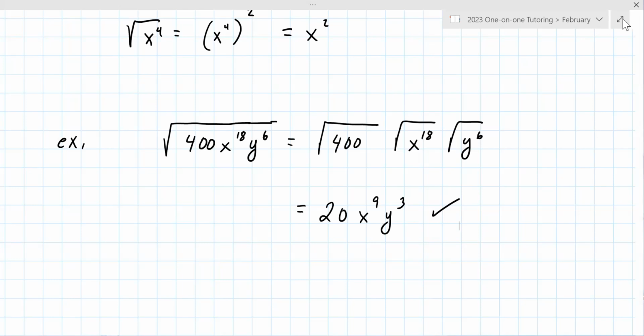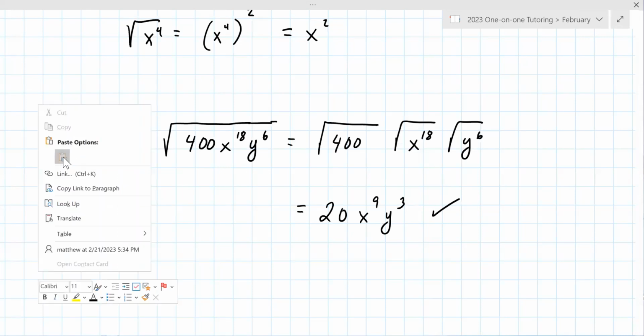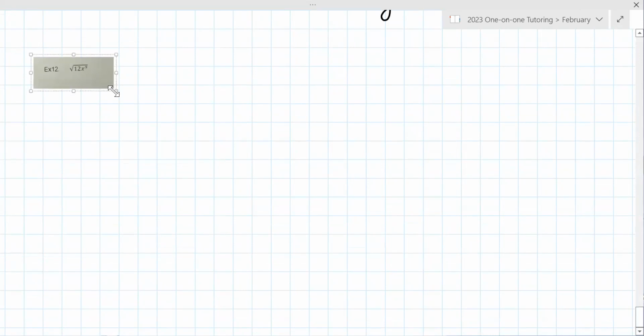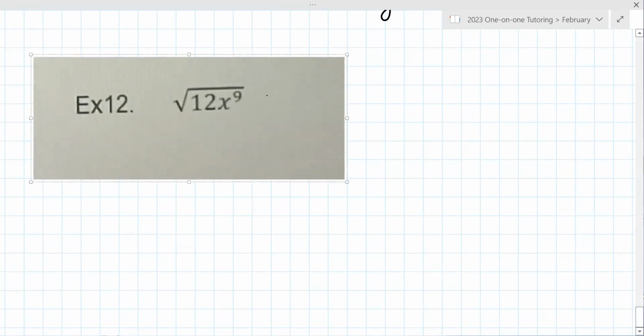This approach of dividing by 2 works really well until you get to one that does not divide by 2, and that's where we're going with example 12. So again, this is like the previous problem. It's really the square root of 12 times the square root of x to the 9th.